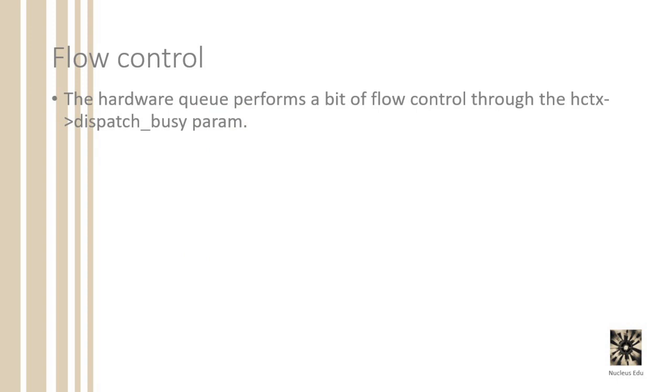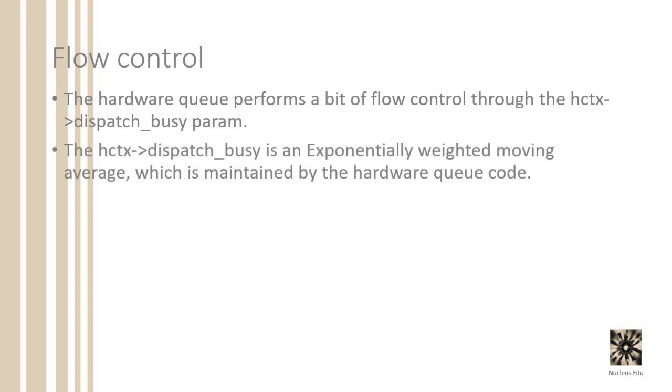One last thing to discuss here is that the hardware queue performs a bit of flow control. So the HCTX structure maintains a member called dispatch busy, which is used to control the sending of requests to the device driver. It is an exponentially weighted moving average.